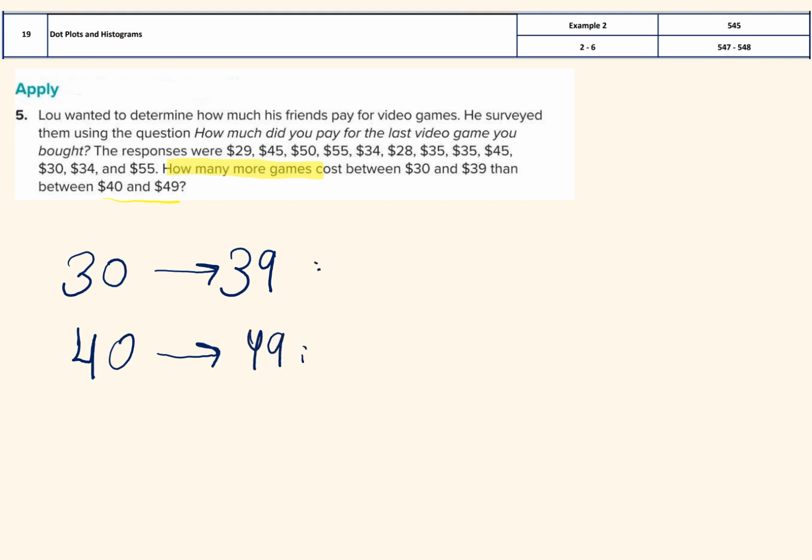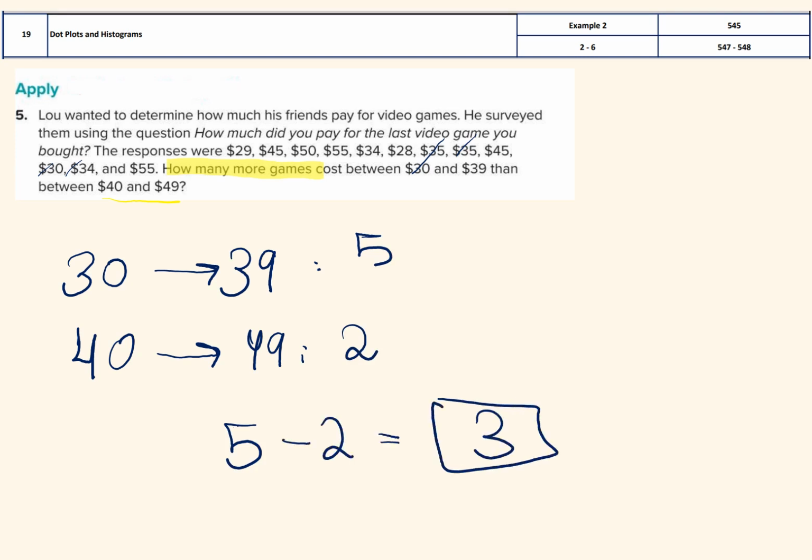Just count using this way. This is the best way to eliminate whatever you count. So the values here are 5 and here are 2. Then I'll be subtracting 5 minus 2 to get the answer. So the answer is going to be 3.